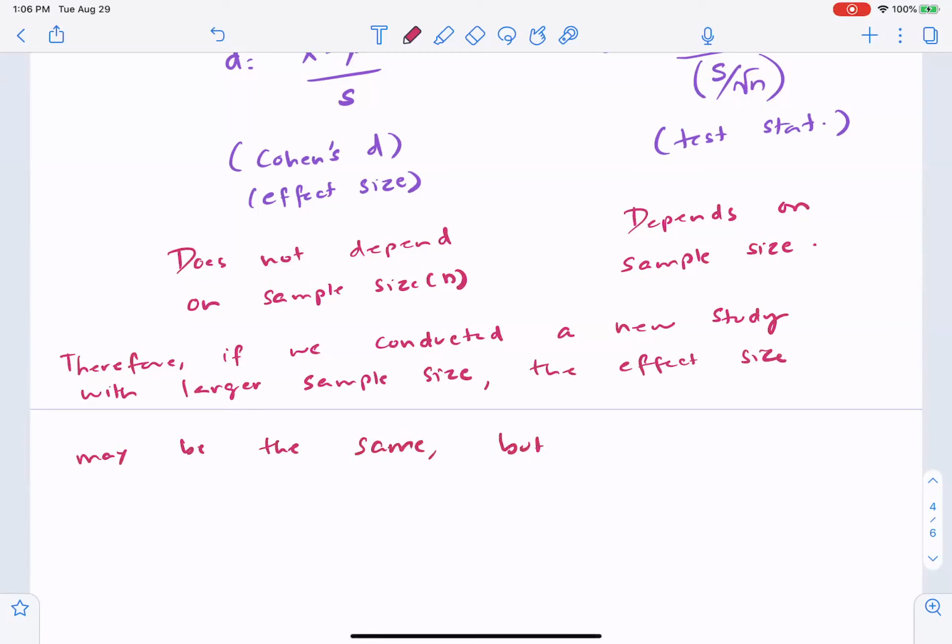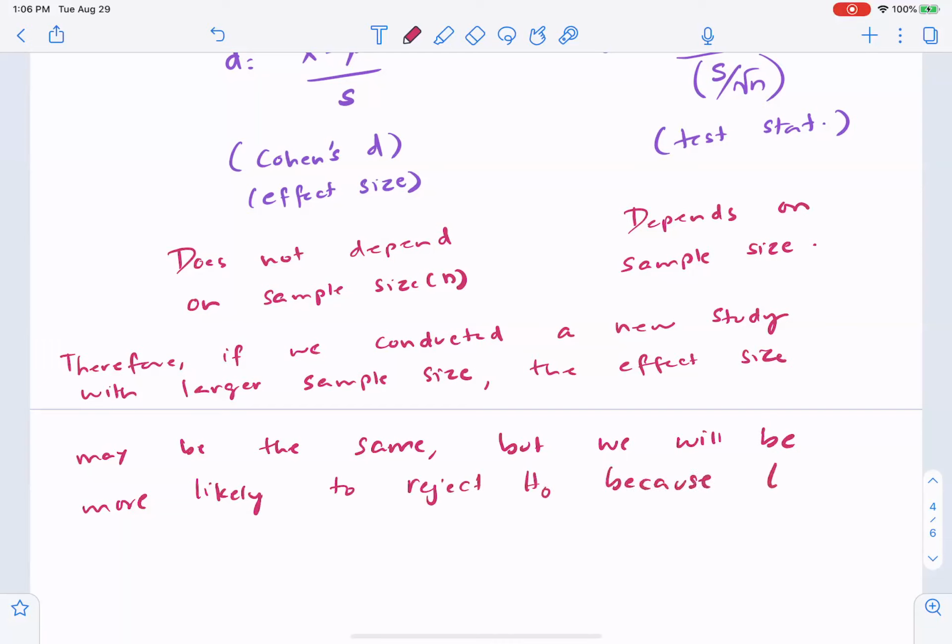But we will be more likely to reject the null because t will become larger.